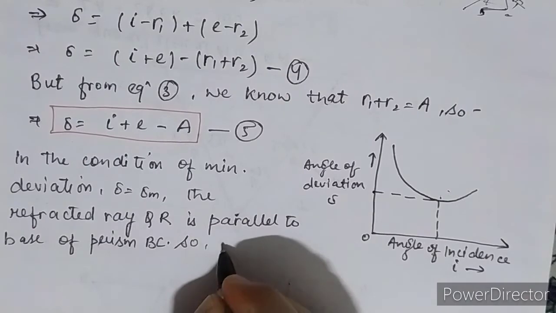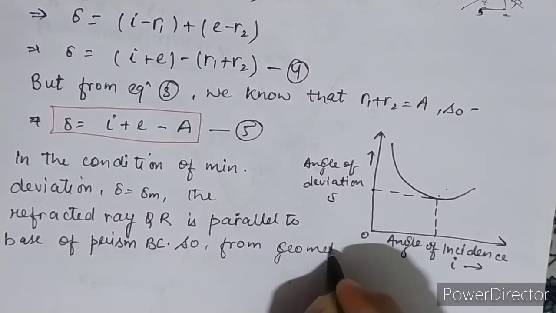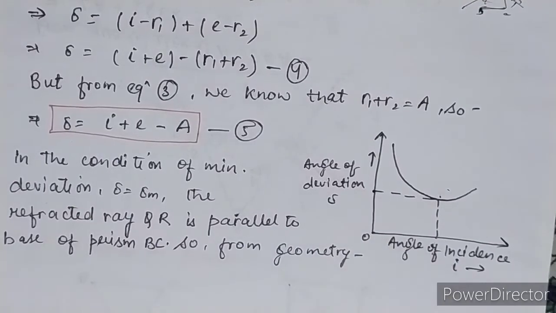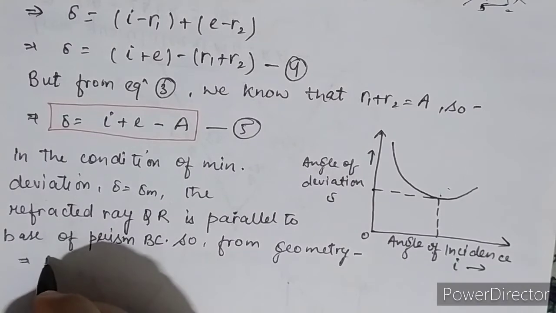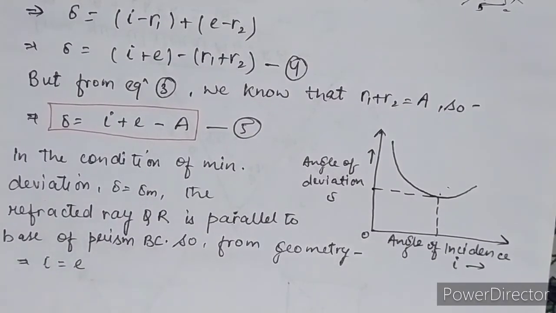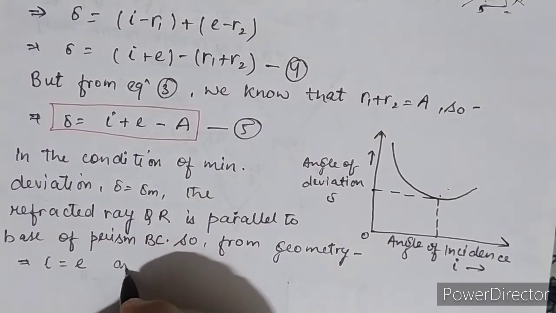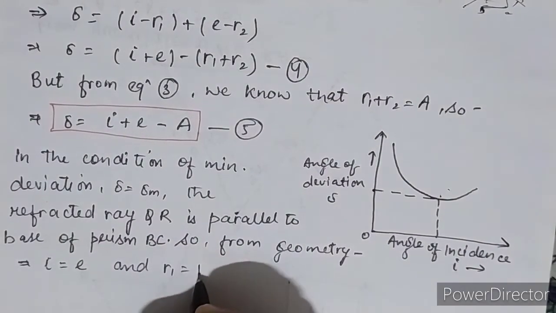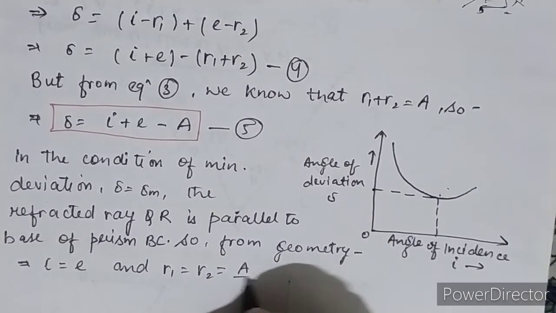So from geometry, what we have concluded, beta, is that angle I is equal to angle E, and R1 is also equal to R2. If the sum is twice, then the angle of prism will be half.